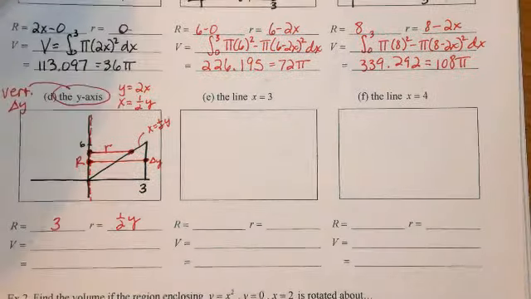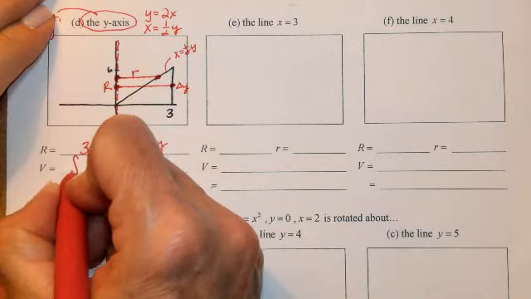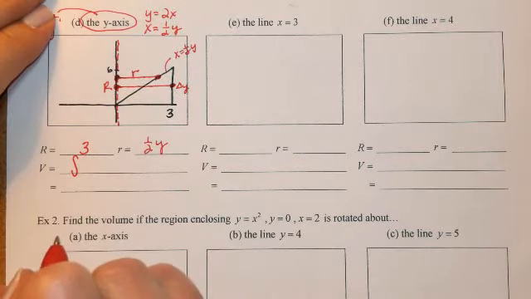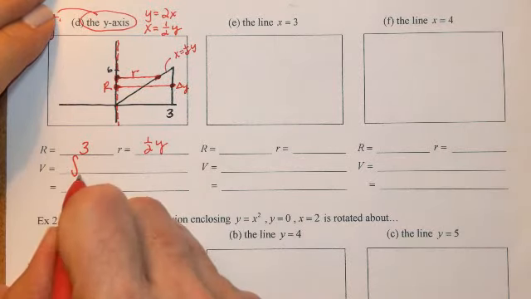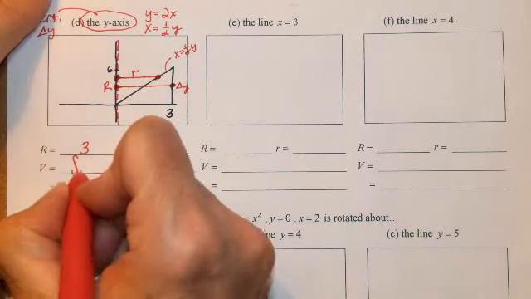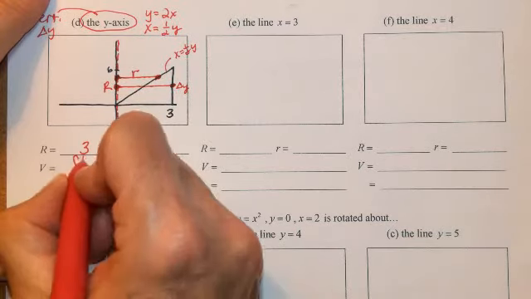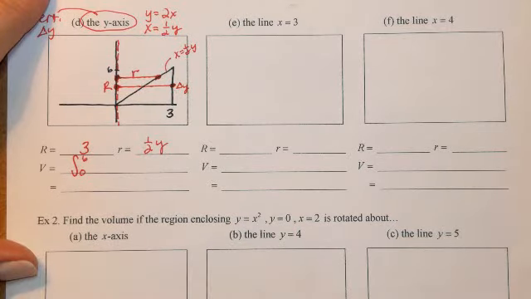Okay, so the volume will be the integral from, okay, what are our extreme y values? What's the lowest y value of our region? The lowest y value is 0. What's the highest y value of our region? 6. So we need to go from 0 to 6.